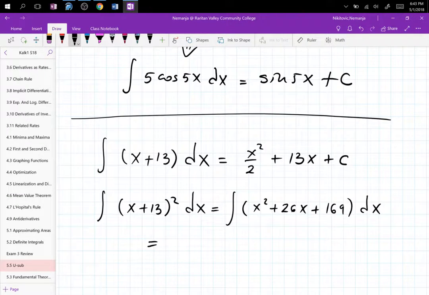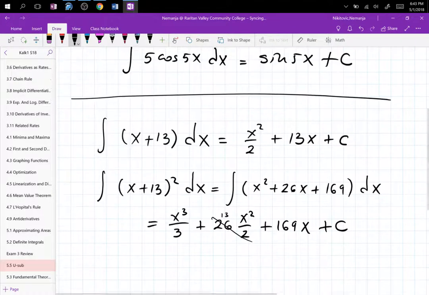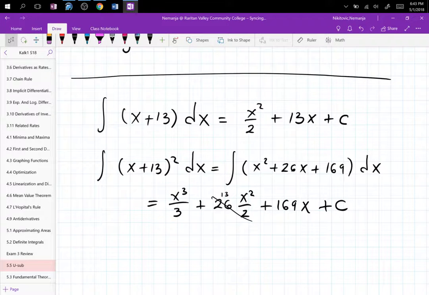And then you integrate each one separately to get x cubed over 3 plus 26 times x squared over 2 plus 169x plus c. Then you cancel 26 and 2 to get your 13, and you win. You were able to complete that problem.